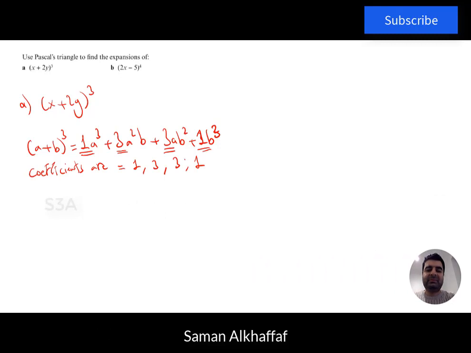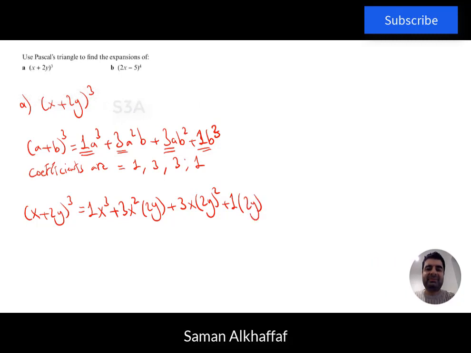So in this example, we will have (x + 2y) cubed being equal to 1x cubed plus 3 in the scenario x squared y, with y in the scenario 2y, and then we have plus 3x(2y) squared plus 1 multiplied by (2y) cubed.